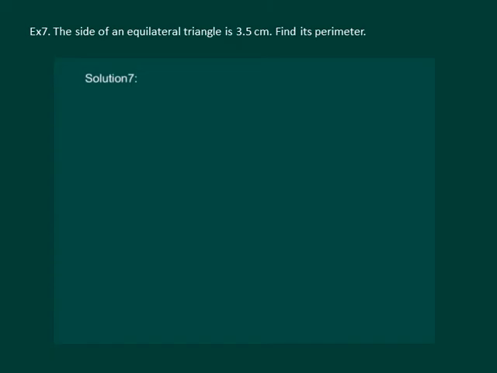Let us read the question. The side of an equilateral triangle is 3.5 centimeters. Find its perimeter. We know that perimeter of an equilateral triangle is 3 times the length of its side. It is given that length of the side is 3.5 centimeter. So the perimeter will be equal to 3 into 3.5.